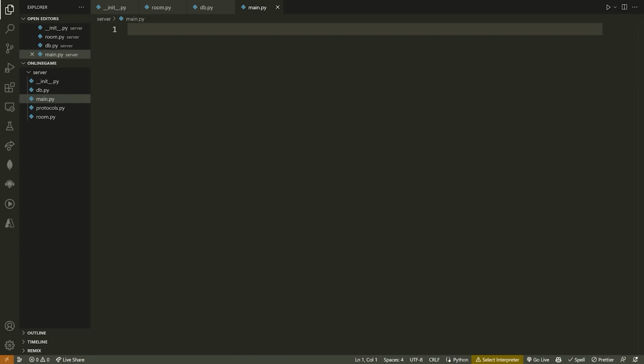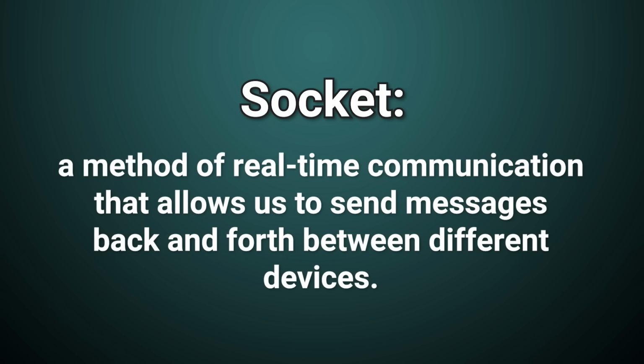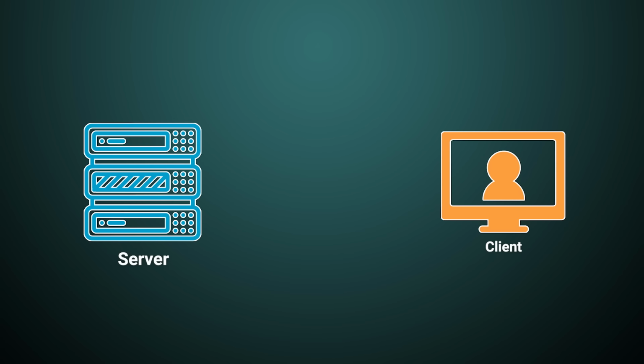Now we're going to close that, and we're going to go over to main.py. Inside of main.py, we're going to start setting up a few things related to our sockets. In case I didn't explain this, essentially what we'll be doing is using sockets. Sockets are a method of real-time communication that allow us to send messages back and forth between different kinds of devices, right? So we have a server and we have a client.